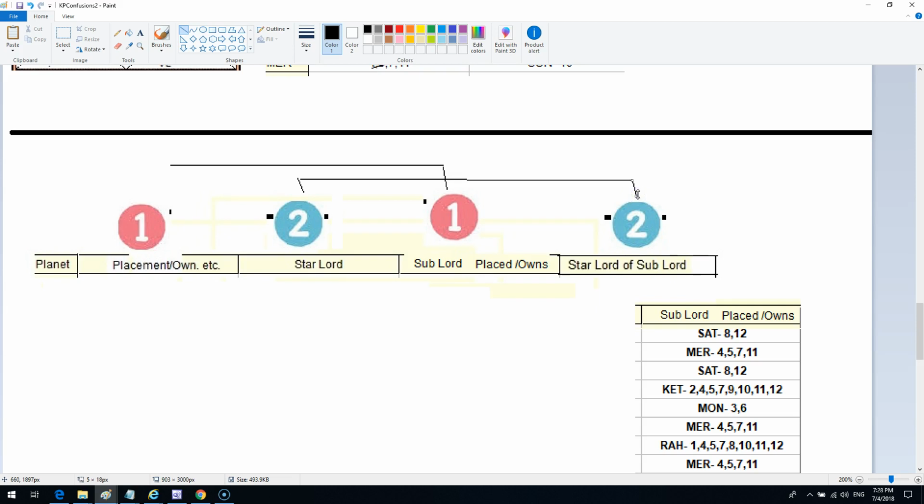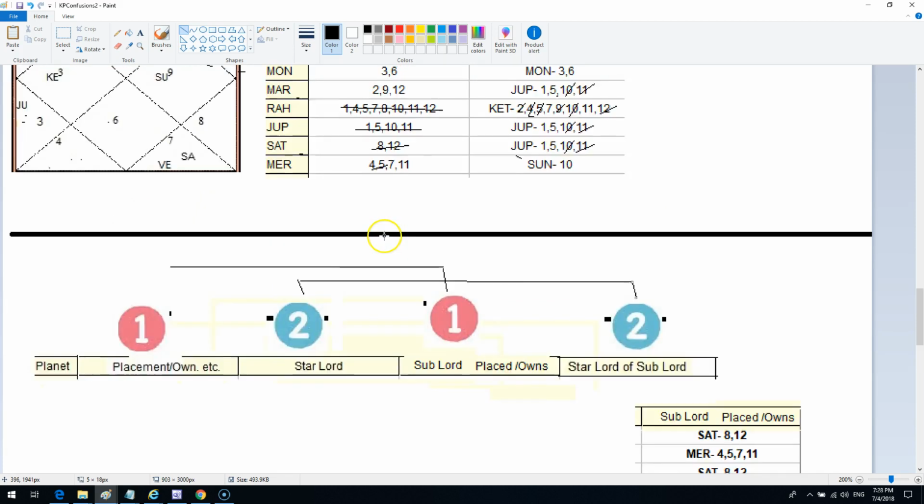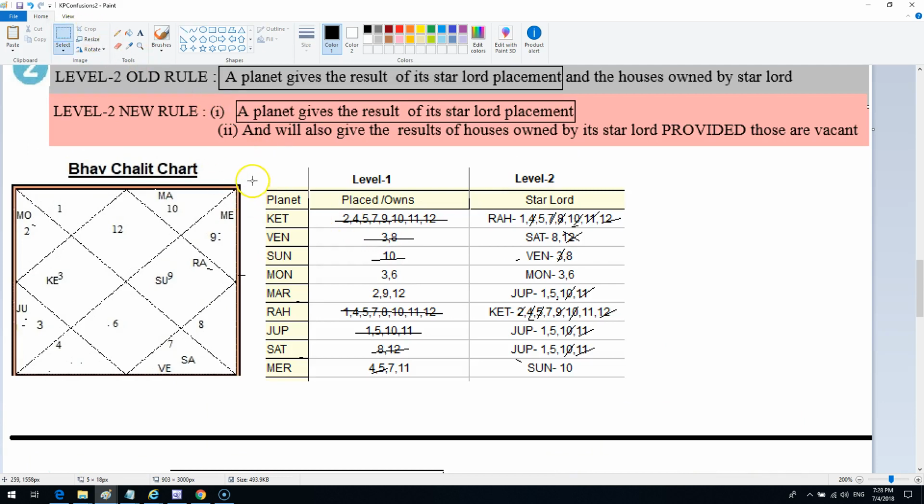Okay, so if you have understood the rule number 1 and 2 that I discussed and showed you, then you pretty much understood everything about this new Suprema theory. There is only one difference, and I want to show you what that difference is.